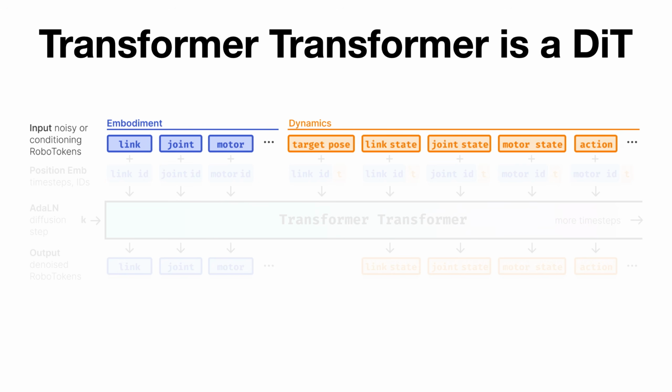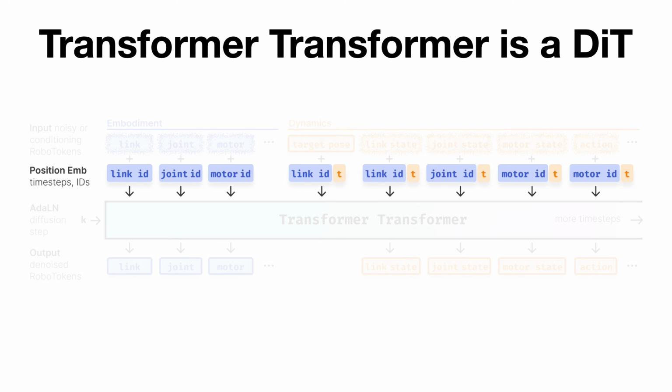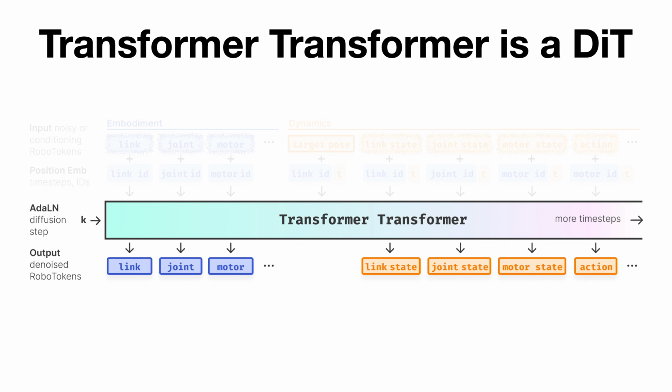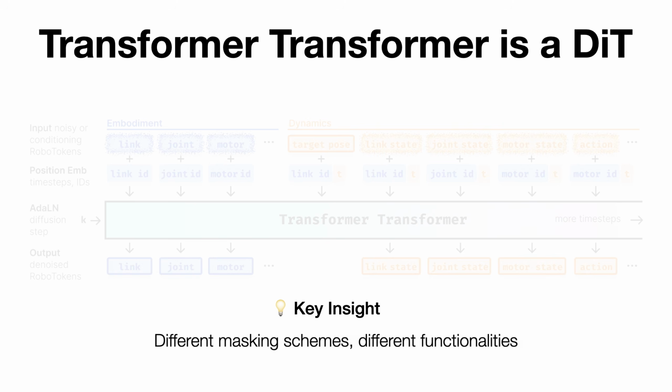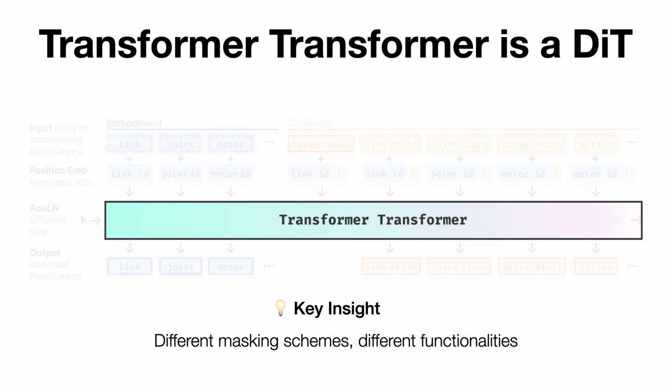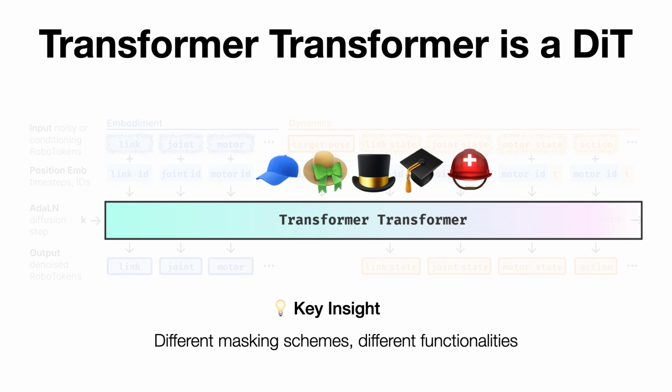Since it's a diffusion model, noise is added to all input tokens except for the conditioning tokens. So for each token, we'll add in that token's ID embeddings before passing it through the model to predict the denoised tokens. Now here's the key insight. You can train this model with different masking schemes to get different functionalities. This means one transformer can wear many different hats.